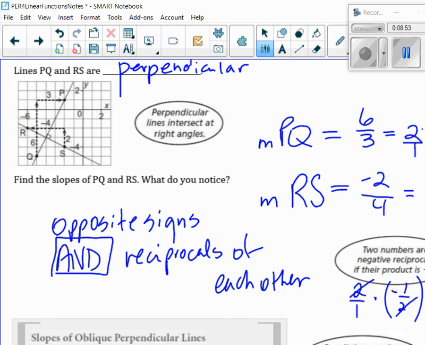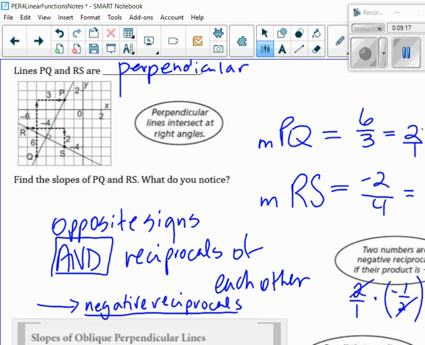I would just remember they're opposite signs and reciprocals. Sometimes they're referred to as negative reciprocals of each other. So this term, negative reciprocals, means you're switching the sign and you're reciprocating, right?